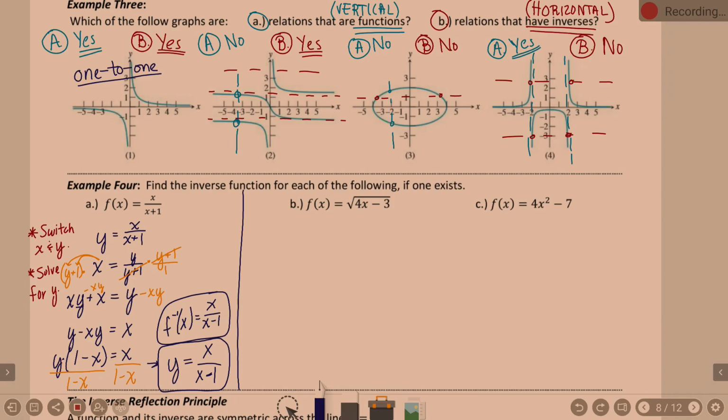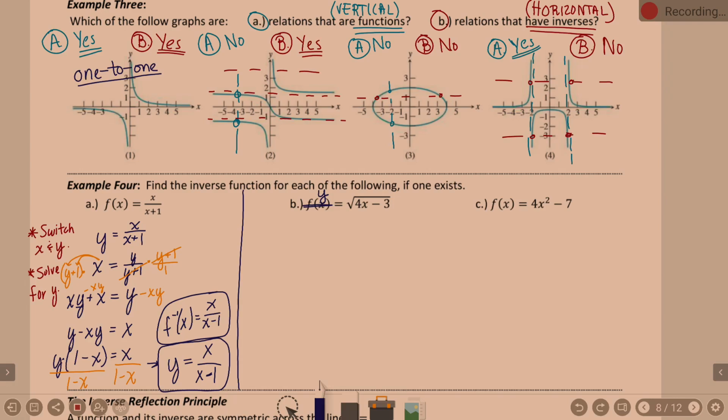Okay. So, first of all, f of x is another name for what? Y. So I just crossed my f of x out this time and wrote y above it. So this equation is really y equals square root of 4x minus 3. Trying to find the inverse, what's my job to find the inverse? Switch x and y.